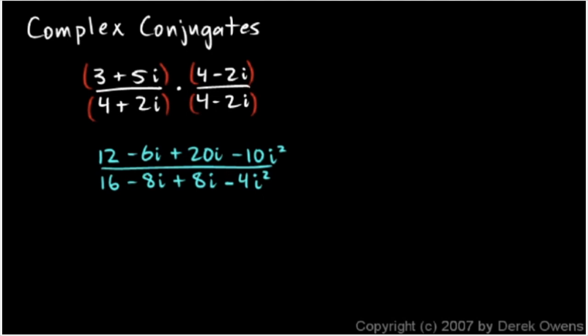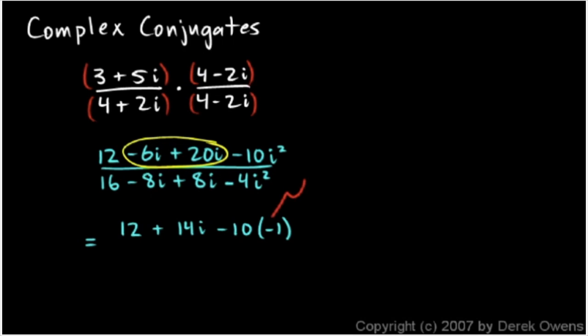And we'll simplify this now. Let's look at the numerator. I have 12, and then I'll combine terms here. My minus 6i and plus 20i combine to give me a plus 14i. And then this is minus 10 times i squared, and the i squared, remember, is negative 1.